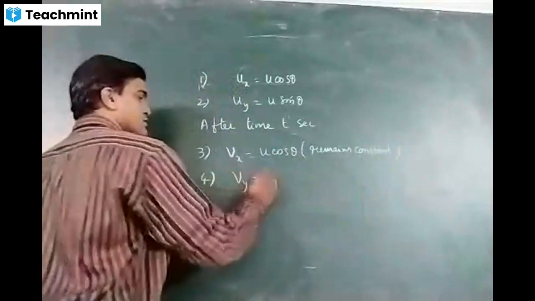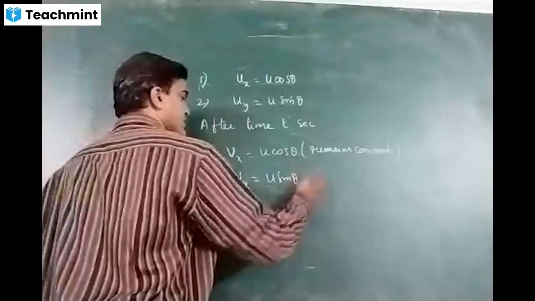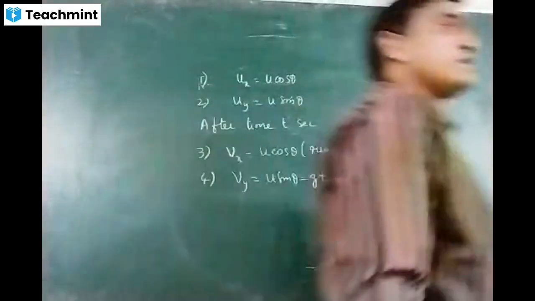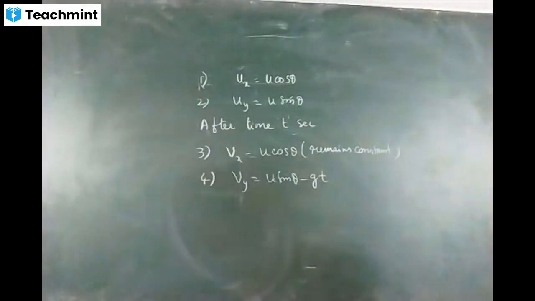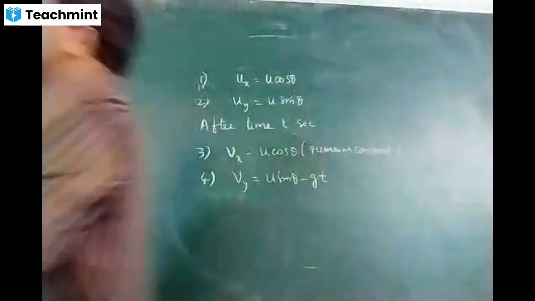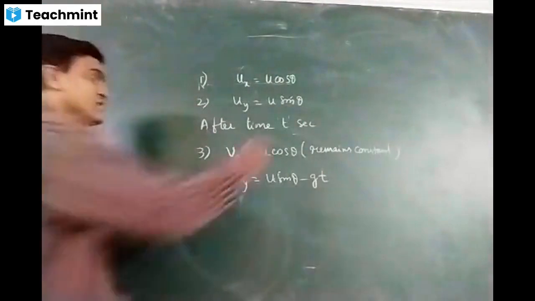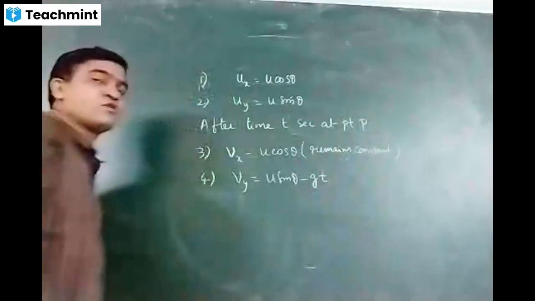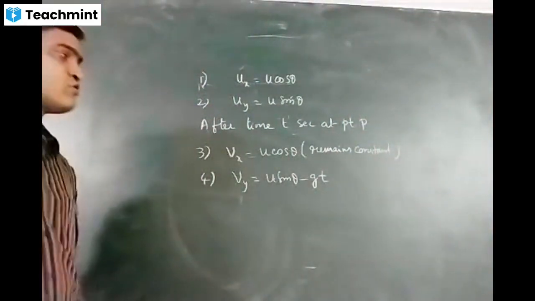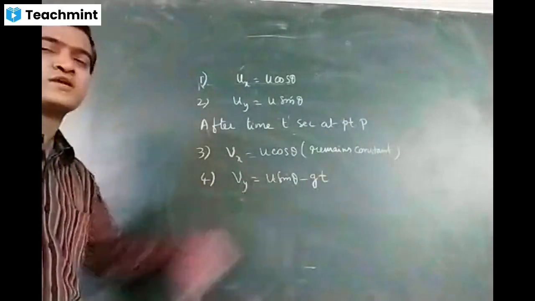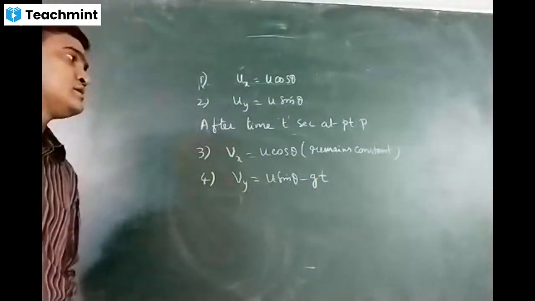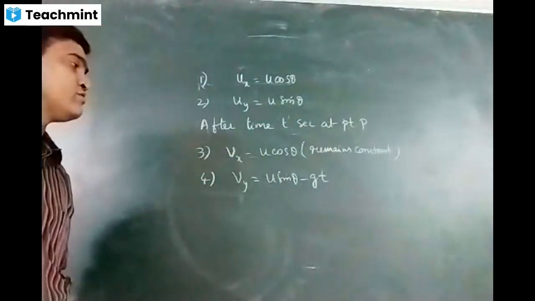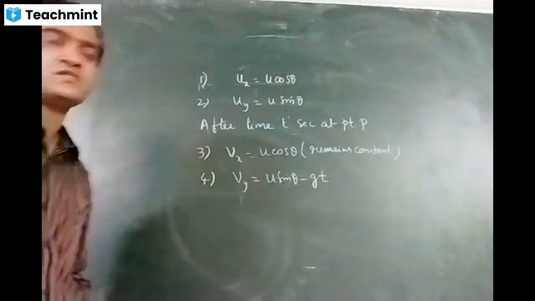What about vy? u sin θ minus gt, because this is at point P before reaching maximum height. Of course you can also write u sin θ plus gt as well, but here I am specifying at point P before reaching maximum height: vy is equal to u sin θ minus gt.